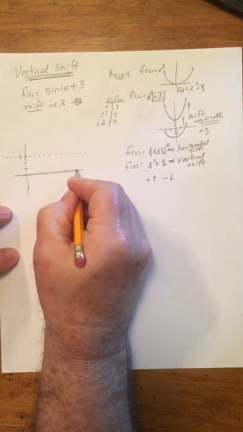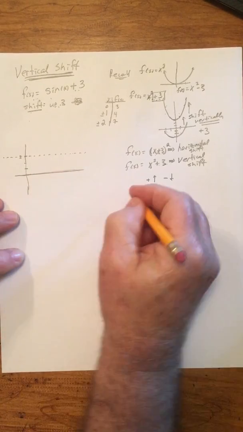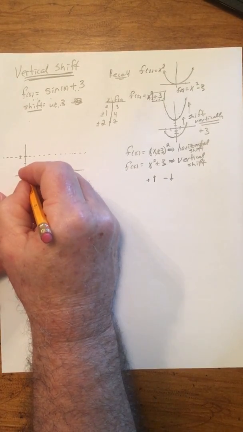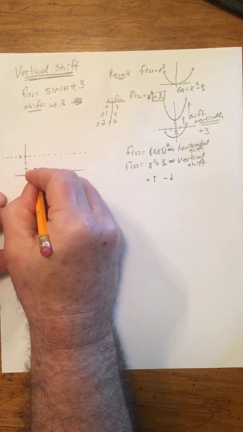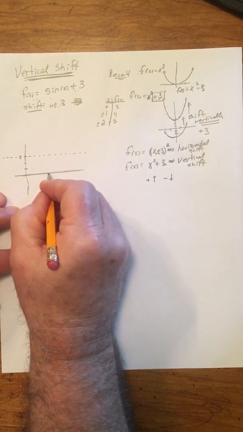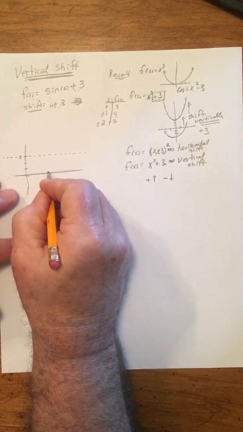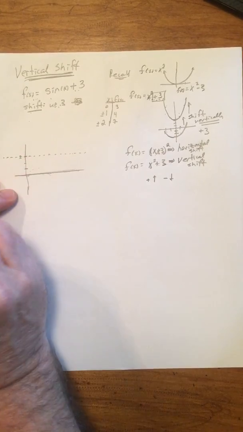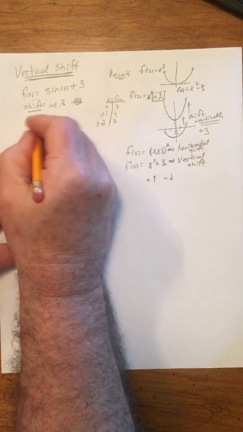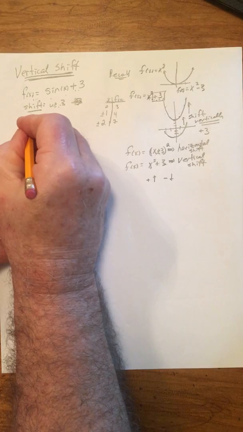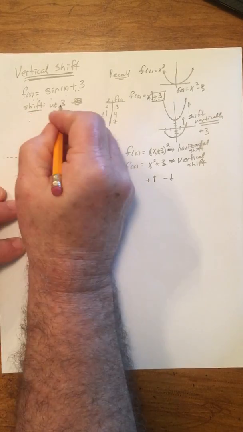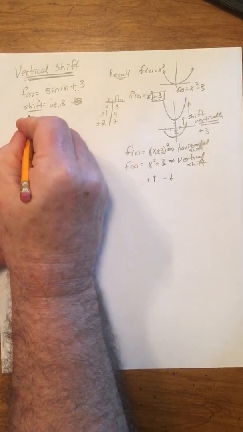This is the axis, where the nodes fall. Ordinarily, this would be the graph of this sine curve with the nodes on the x-axis. We're shifting that up, and now the nodes fall on the line y equals 3. There is no horizontal shift here. We'll handle that later.